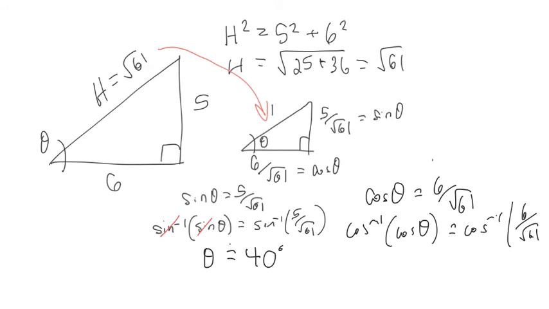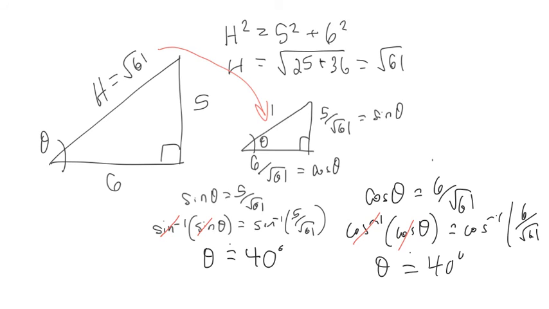And so now this one undoes that one, and I'm left with theta equals approximately, again I use my calculator, and wouldn't you know it, I get the exact same answer, 40 degrees.